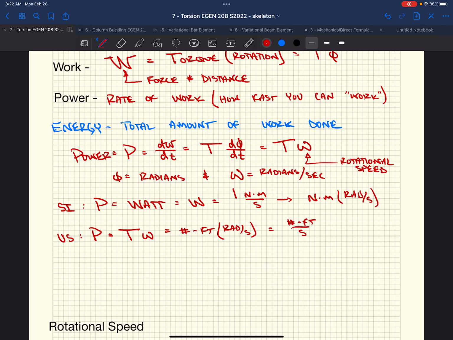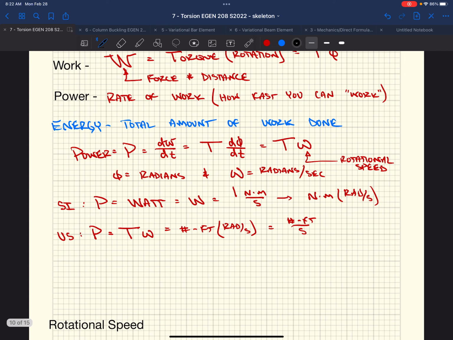When we talk about power, what's another unit of power? We have watt, horsepower, right? So what do we use? Well, we use horsepower. It's actually 550 pound-feet per second is one HP, okay?